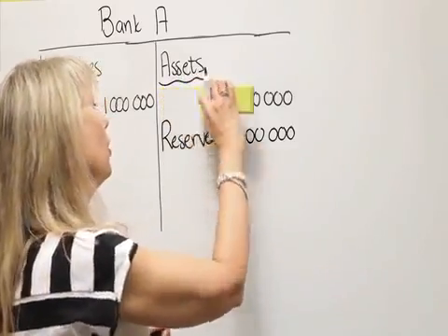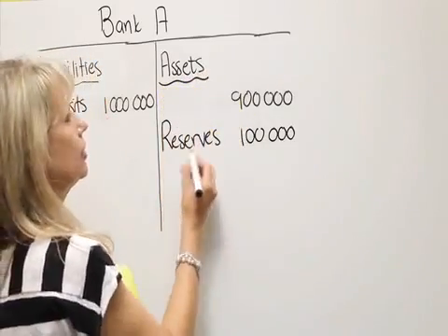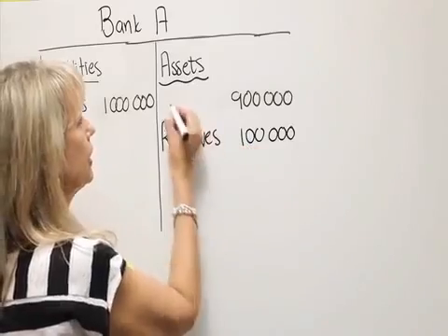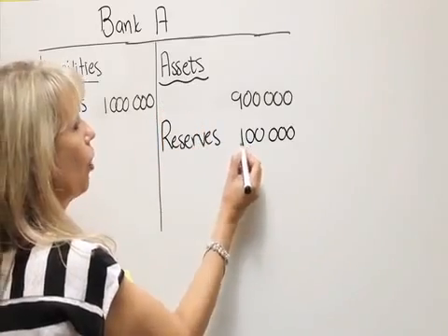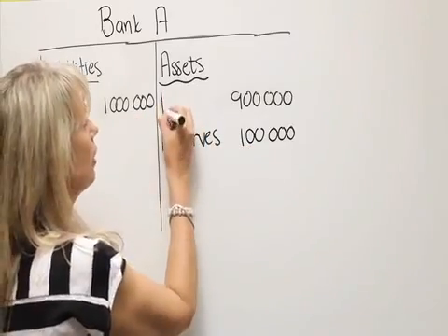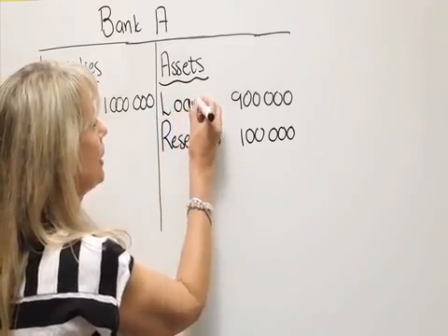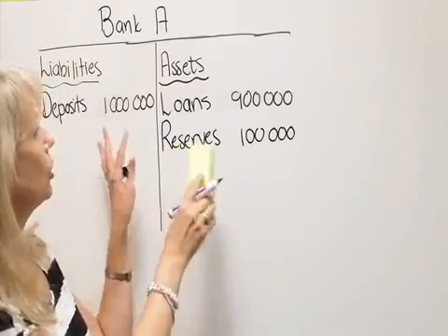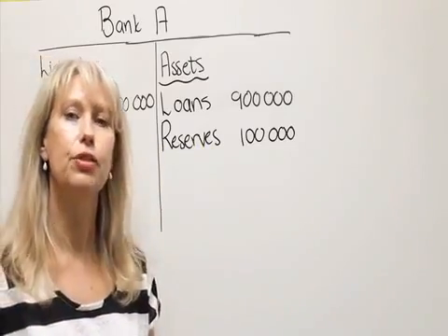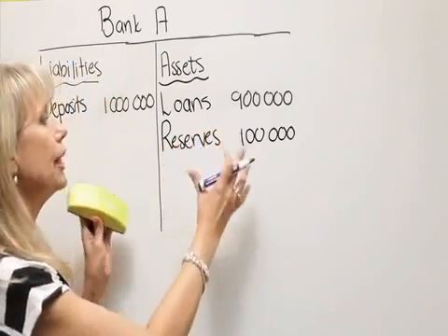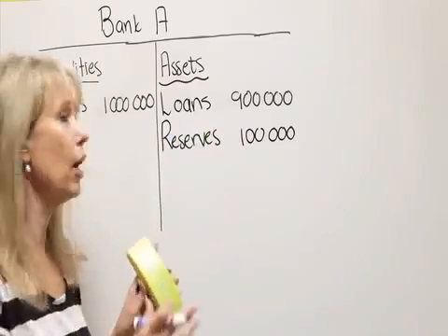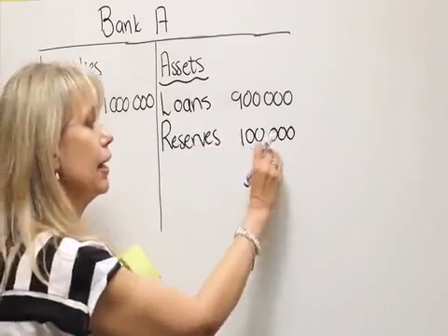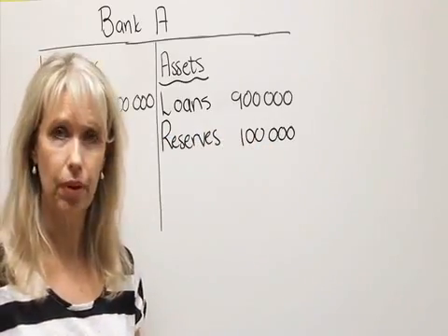It will rather lend out everything, so that it holds 10% of reserves, but the rest of its balance sheet is lent out. When a bank's balance sheet looks like this, we say that it is fully loaned up. It can't really create any more loans because it doesn't have any more reserves available.